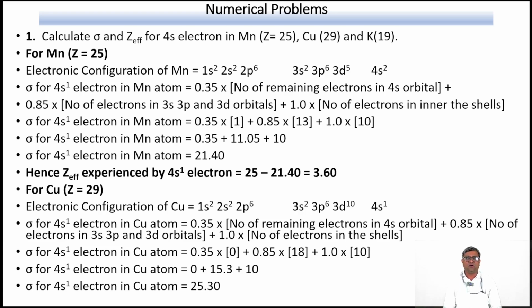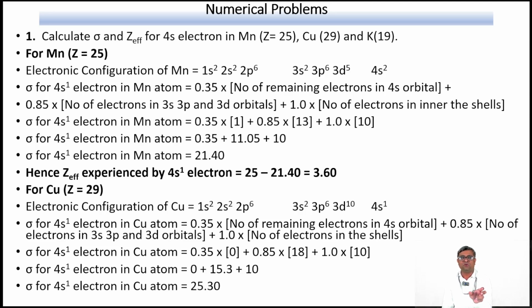I have already shown the electronic configuration in groups. The 4s shell is shown separately, the n minus 1th shell electrons, 3s2, 3p6 and 3d5, are shown separately, and the inner shell orbitals and their electrons, 1s2, 2s2, 2p6, are shown separately.